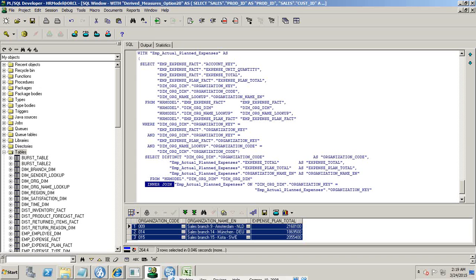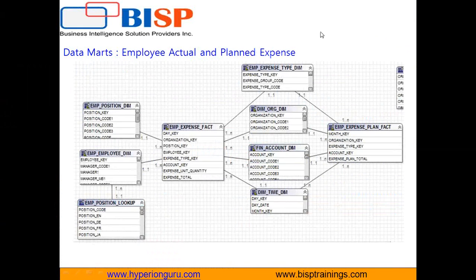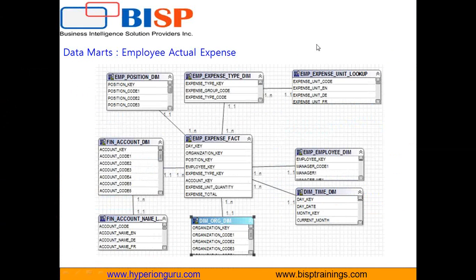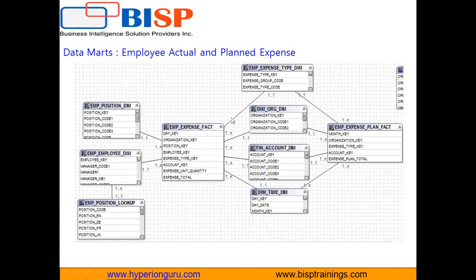So that's it for today. Once again, we had two different models: employee actual expense and employee plan expense. I merged these models and found a list of conformed dimensions.